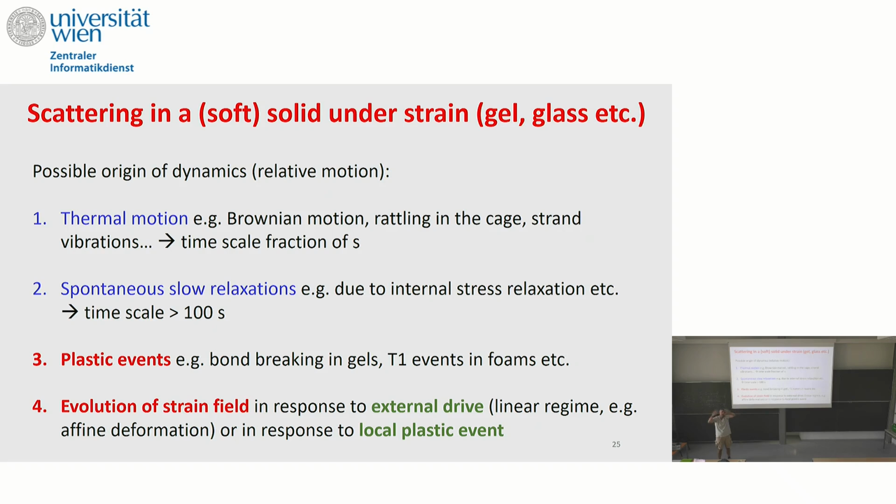So if you break your network somewhere, the whole network, even far away from this localized event, will rearrange in order to redistribute the stress that has been generated or modified by opening this bond. And so you will have a local change of position where the event occurs, but then you will have a far field deformation in your sample that you will pick up with these scattering methods.